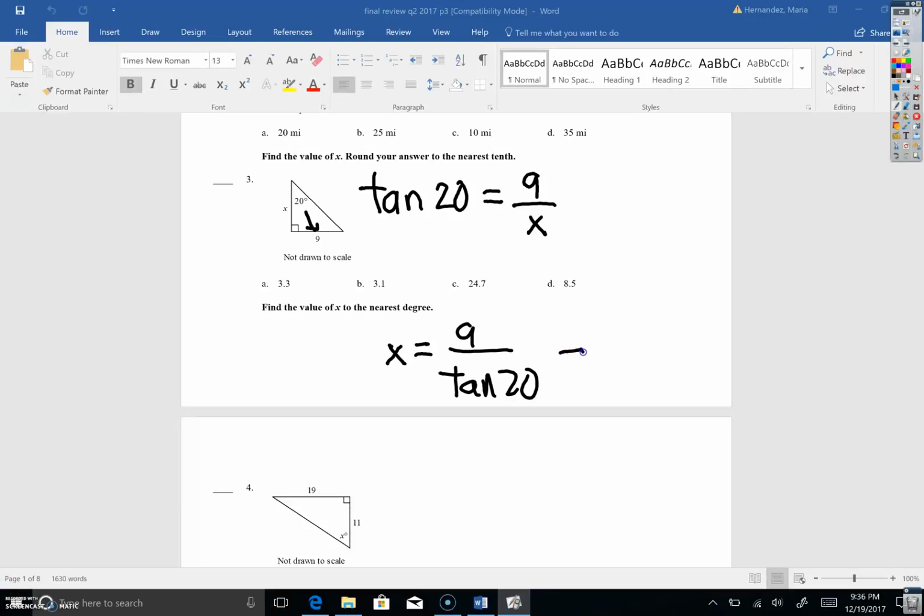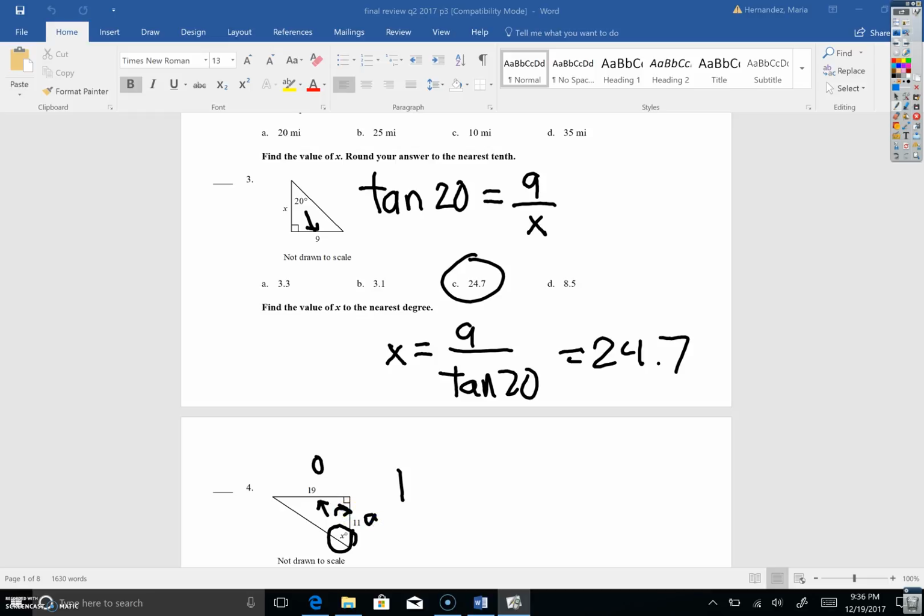Okay, so when we do that, we get 24.7. Okay, so the next thing is they ask for the degrees. Remember, if we use the degrees, we always use the inverse. We have the opposite and we have the adjacent.